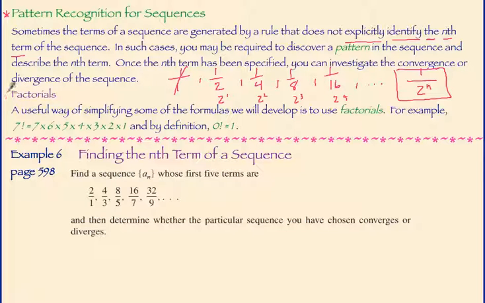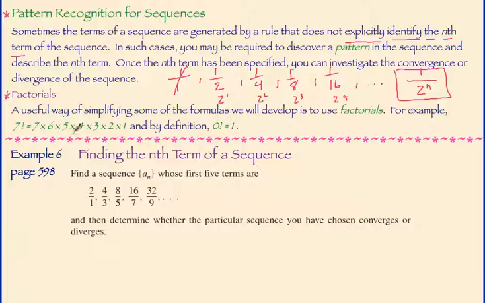Now, since I'm not sure if you've seen factorials before, it turns out that a useful way of simplifying some of the formulas that you develop is to use factorials. For example, just to define what it is, 7 factorial is 7 times 6 times 5 times 4 times 3 times 2 times 1.